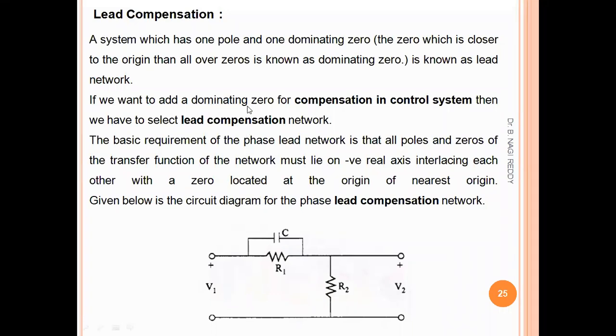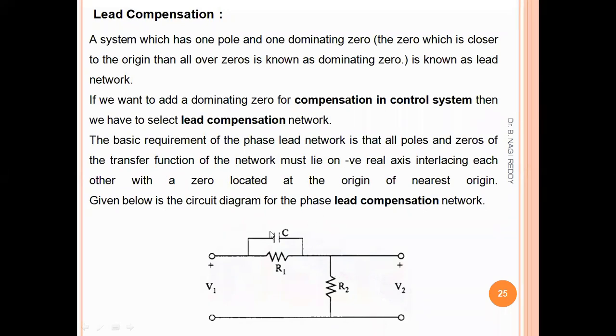The basic requirement for this lead network compensation is that all the poles and zeros of the transfer function of this particular network must lie on the negative real axis, which is the left half of the plane, because only in the left half of the plane do we have stability. On the right half of the plane, the system will be unstable.